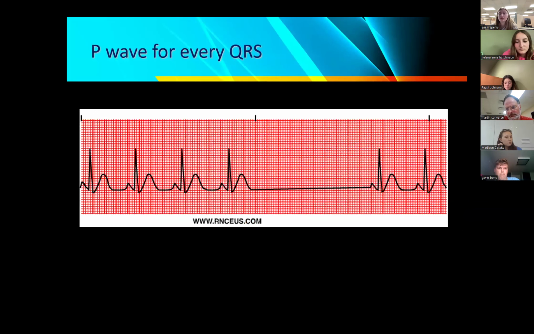Okay. So again, name that rhythm for me. It's either a sinus arrest or sinus block, but I forget which one. All right, so you've got it narrowed down to 2 potential answers. What can you tell me about the difference between sinus arrest and sinus block?